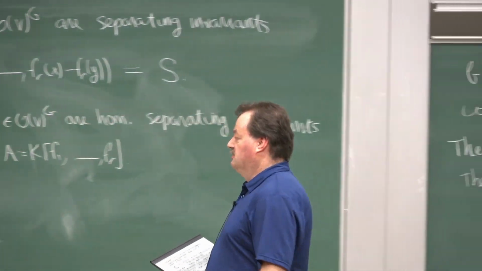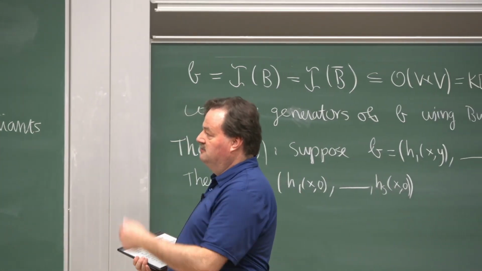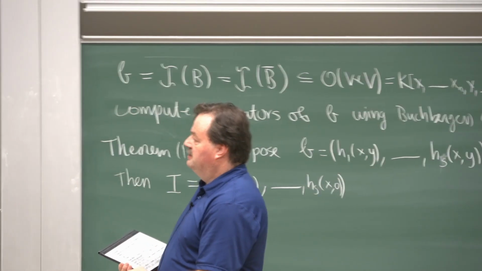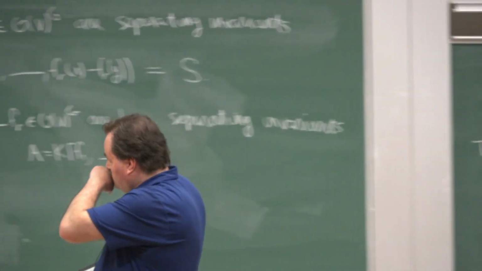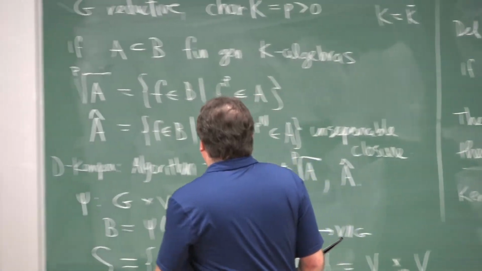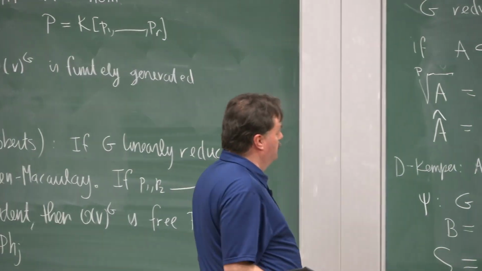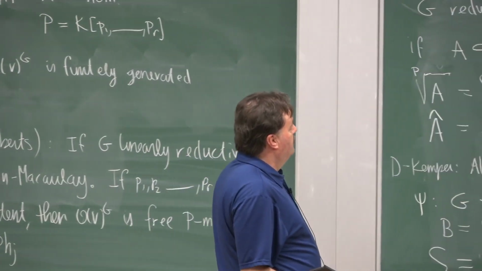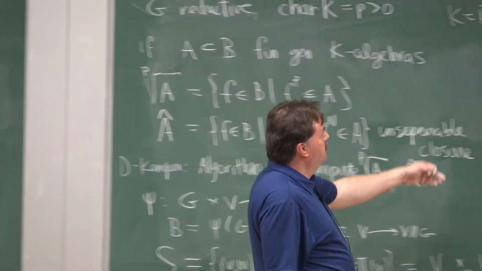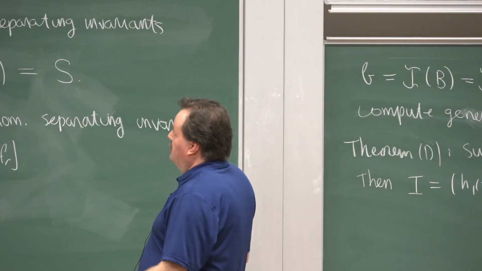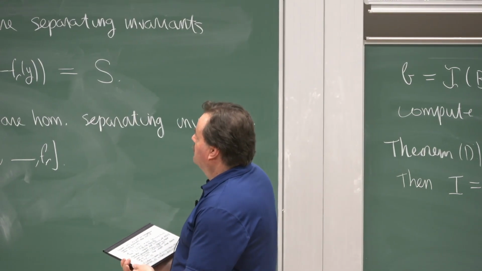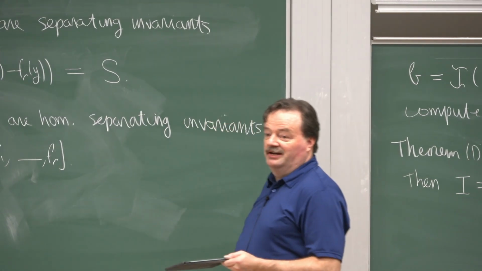And later we also generalized this to arbitrary affine G varieties. So the algorithm would be roughly like this: we can compute invariants degree by degree, and at each step, we can check whether we have separating invariants.